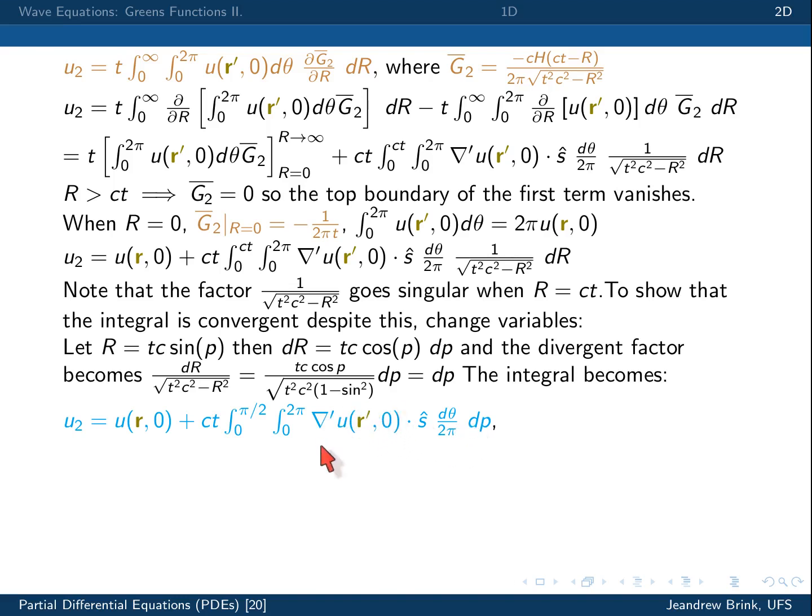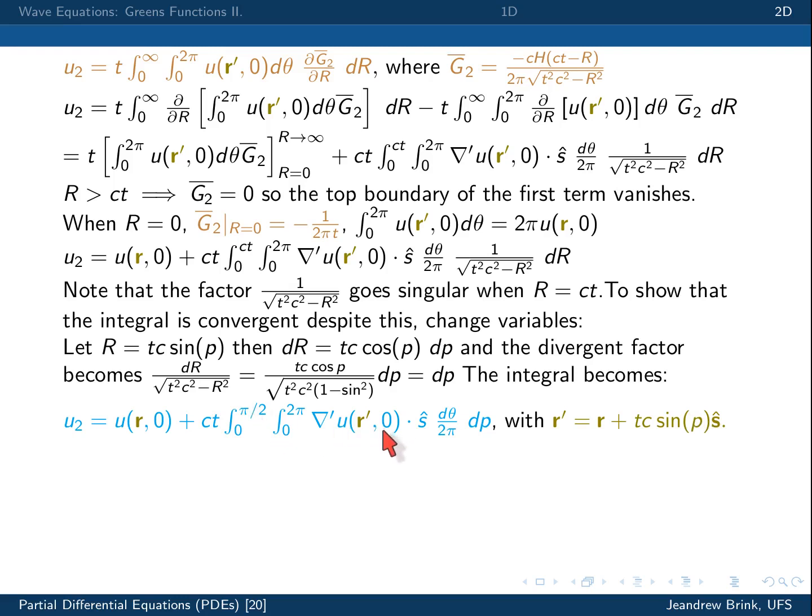When we work out this weighted average, we take this angular average at R prime, at a radius equal to TC sine of P. What that basically means is that we're weighting the values of the gradient at the boundary more heavily in the actual working out of this integral.